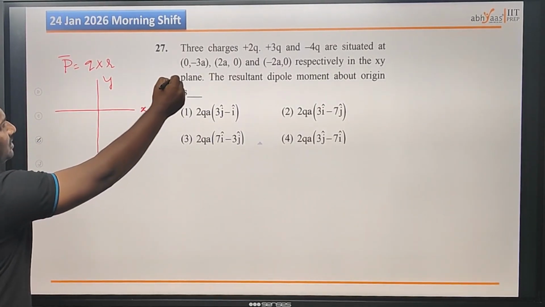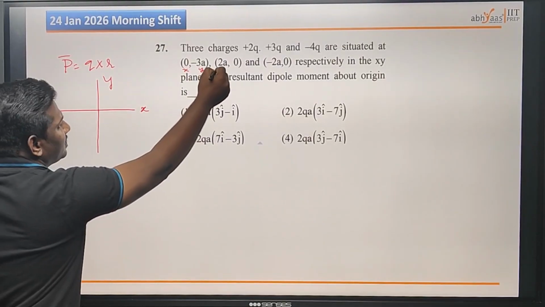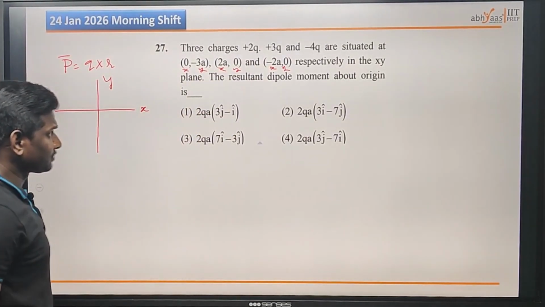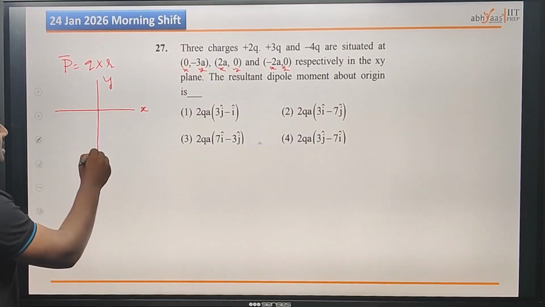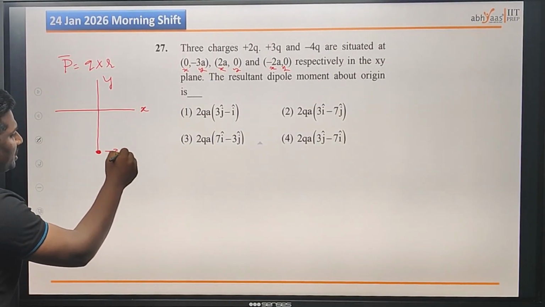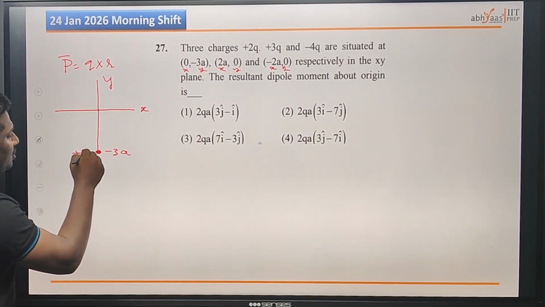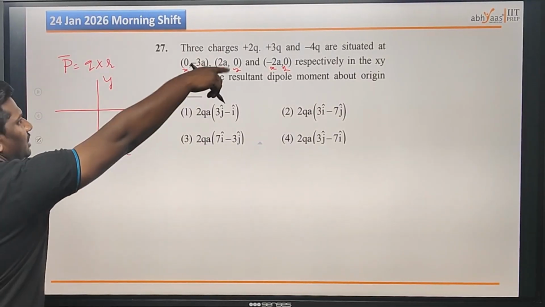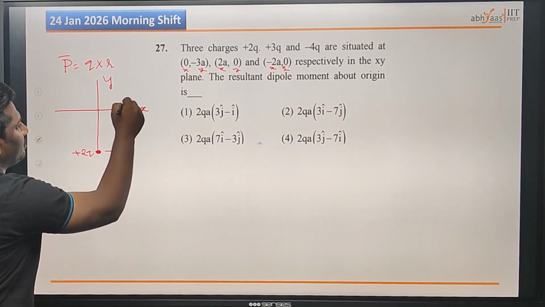Minus 3A you will get here, that is plus 2Q. What about plus 3Q? It is at position 2A.